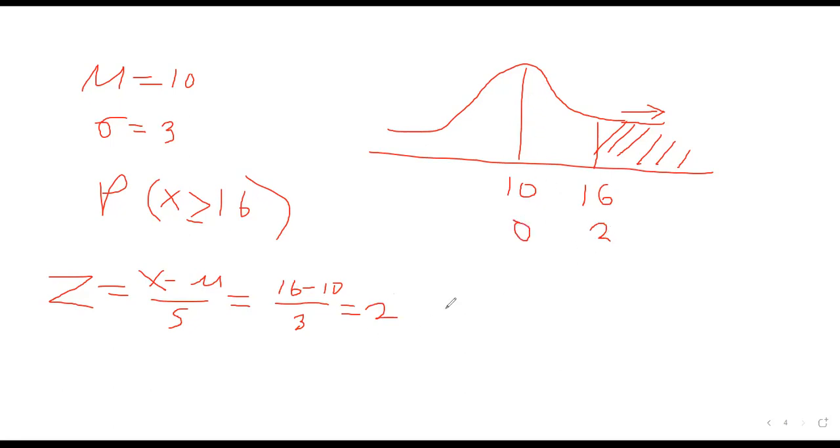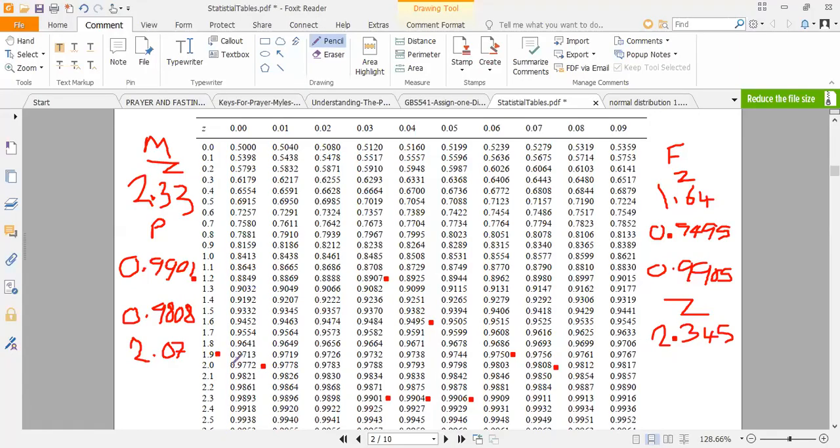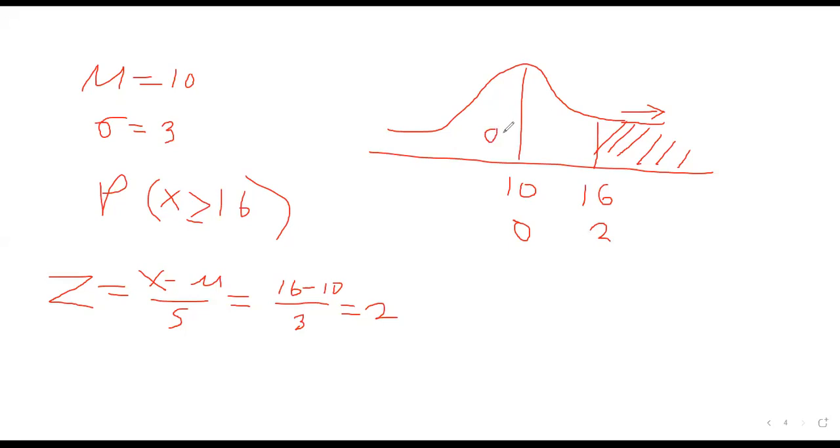So when we check in the table, what is the equivalent of 2? We'll go to the Z table. Equivalent to 2, we've already read that this is 0.9772. So what does that mean? It means from here to there is 0.9772. So what remains there?